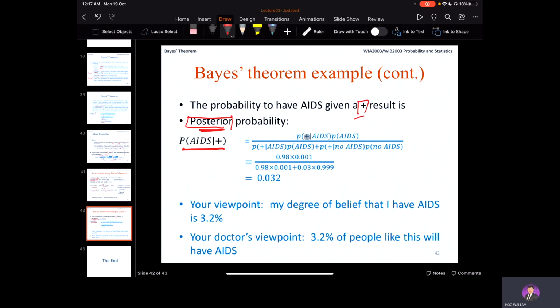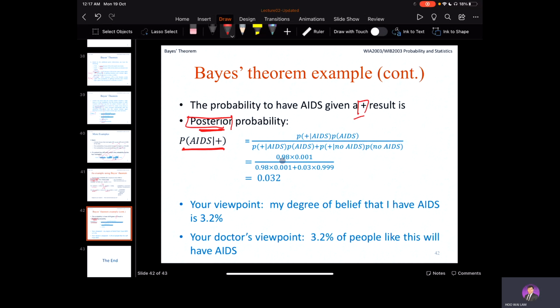So it becomes the probability of positive given AIDS times the probability of AIDS, divided by the marginal probability of positive, because this is your evidence. So this whole thing is the marginal probability of positive. Notice that you are calculating just positive, and negative is not inside, but regardless of AIDS or no AIDS, you are still summing it up.